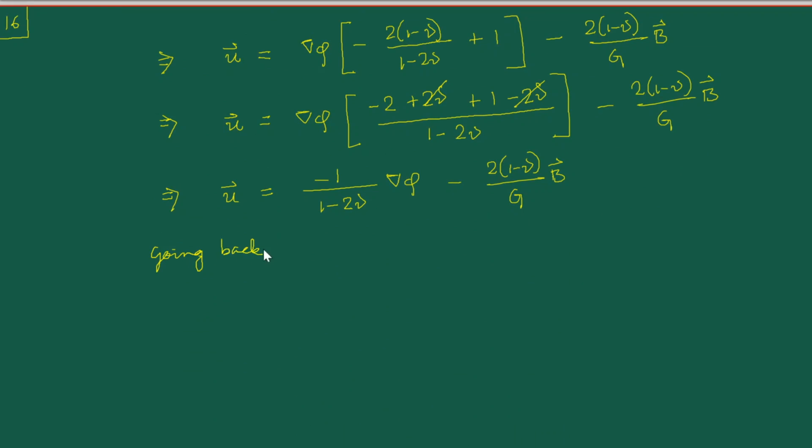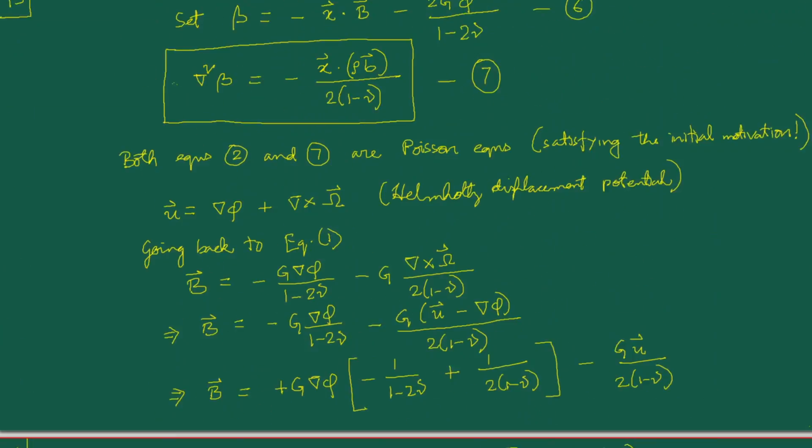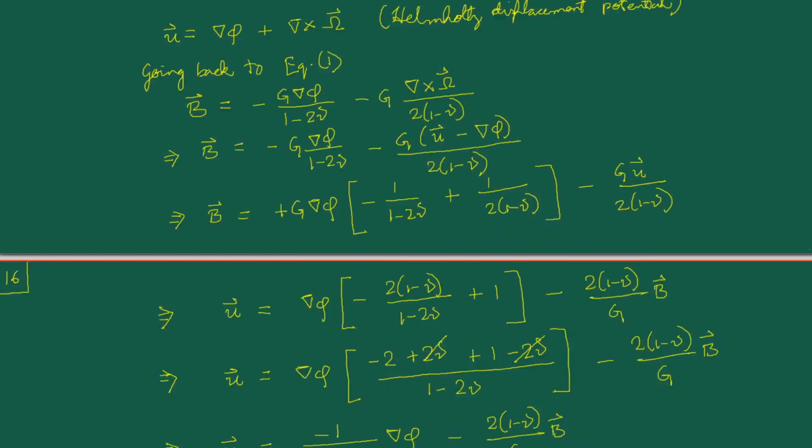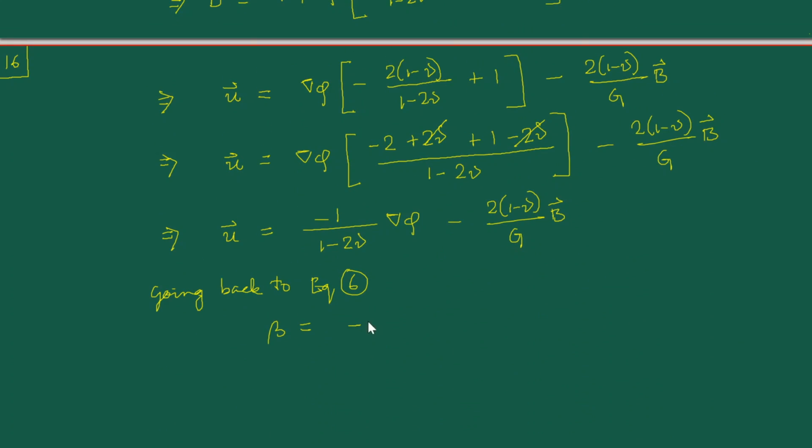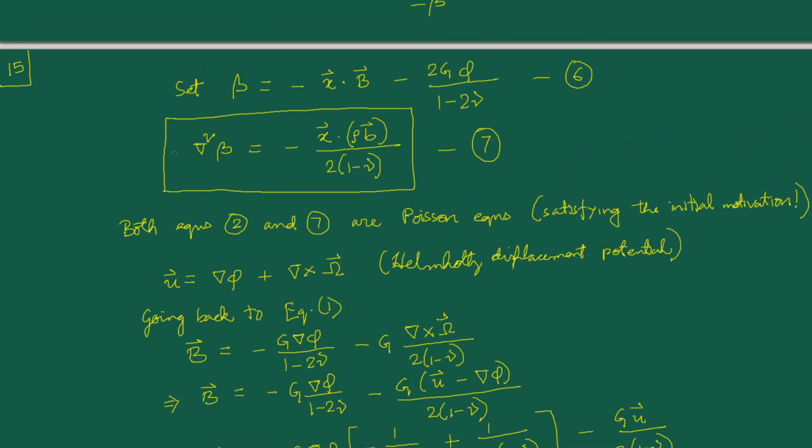Going back to equation 6, I have beta is equal to minus x vector dot b vector, minus twice g phi divided by 1 minus 2 nu.